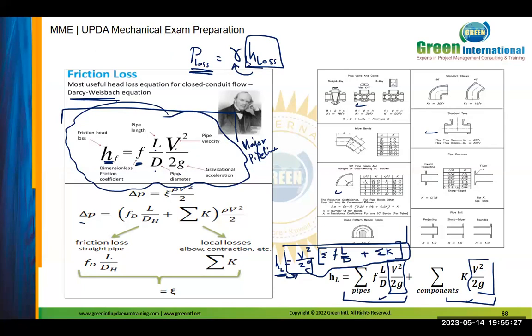If the pressure is required, no problem. I will call the equation for the general losses, head losses, to mind, and once I get it, I multiply by gamma. That's it. Any question here?